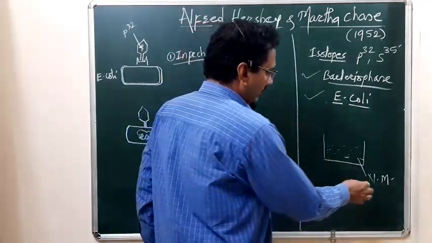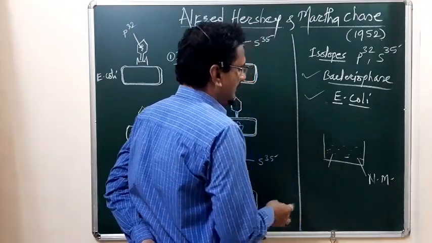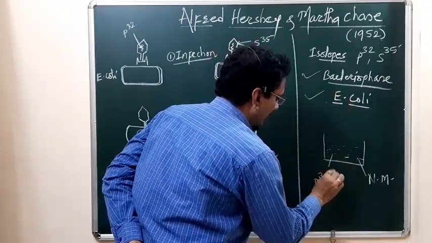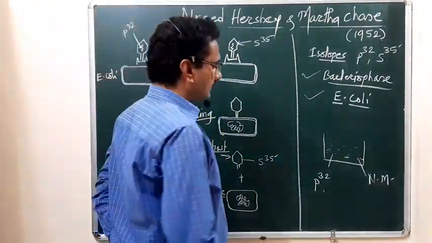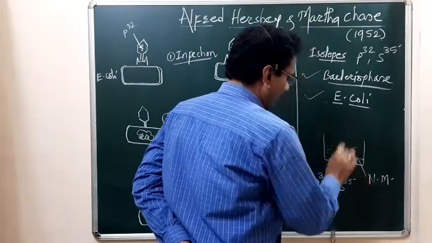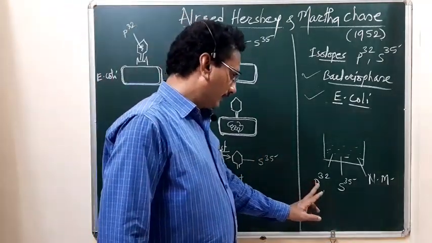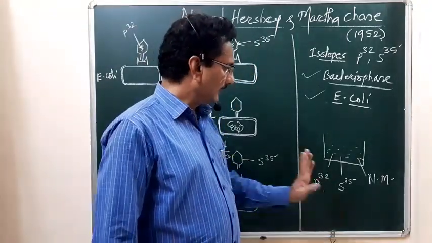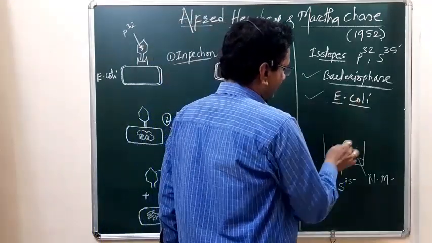But what is the characteristic feature of this medium? It contains both types of isotope: P32, which is a constituent of the DNA, and the isotope of sulfur, S35. So in the nutrient medium they added two types of heavy elements, phosphorus and sulfur, and in this they grew the bacteriophages.